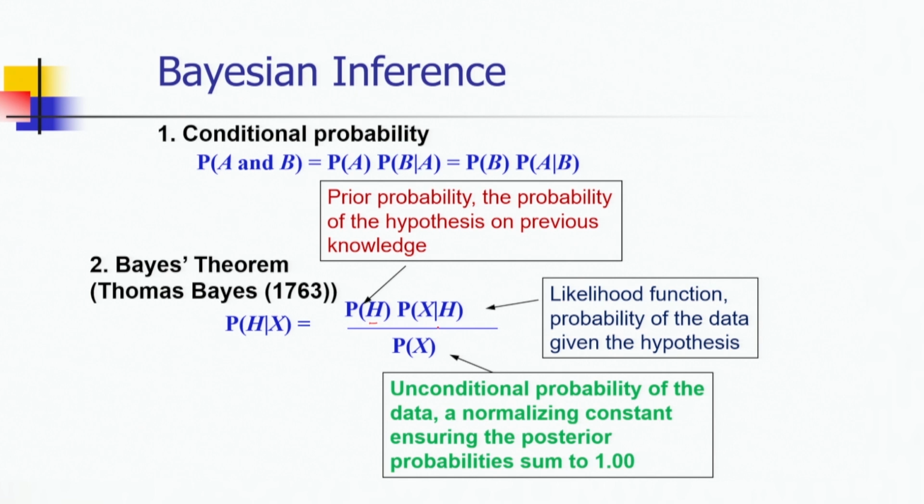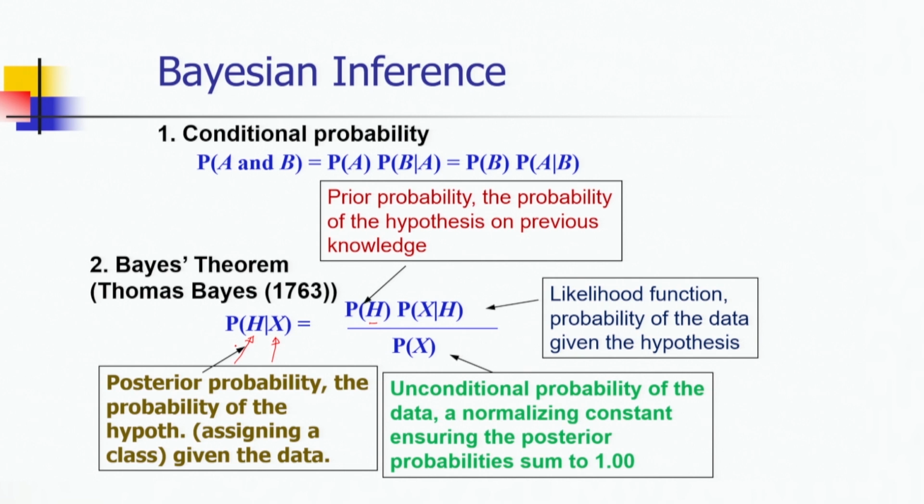So you are computing, given a height X, what is the gender of the person, whether male or female. That is called the posterior probability. We compute this posterior because that is our interpretation. If the posterior is high, then we assign that class.